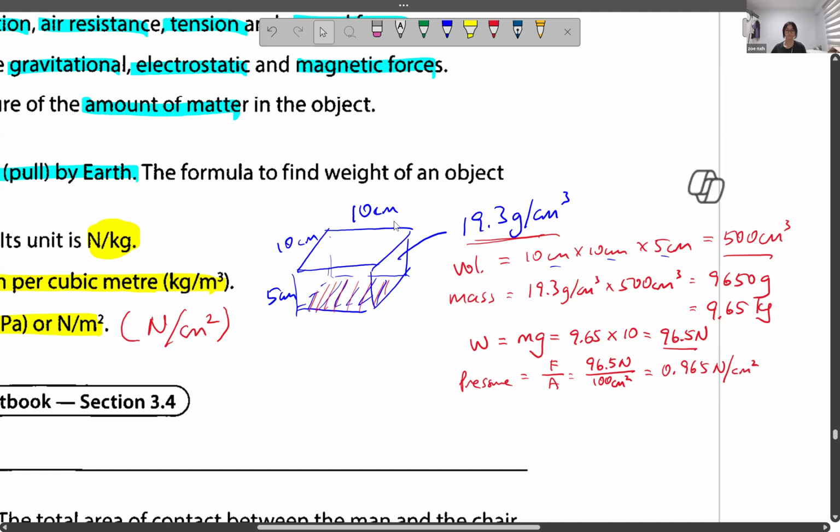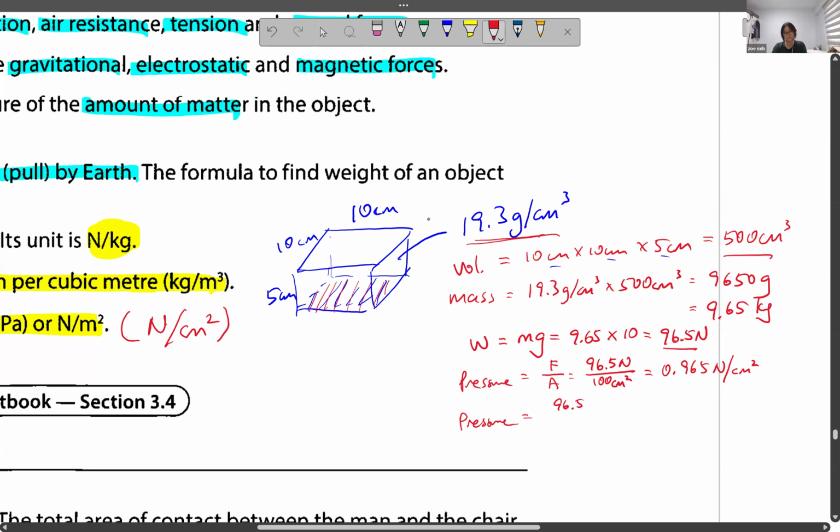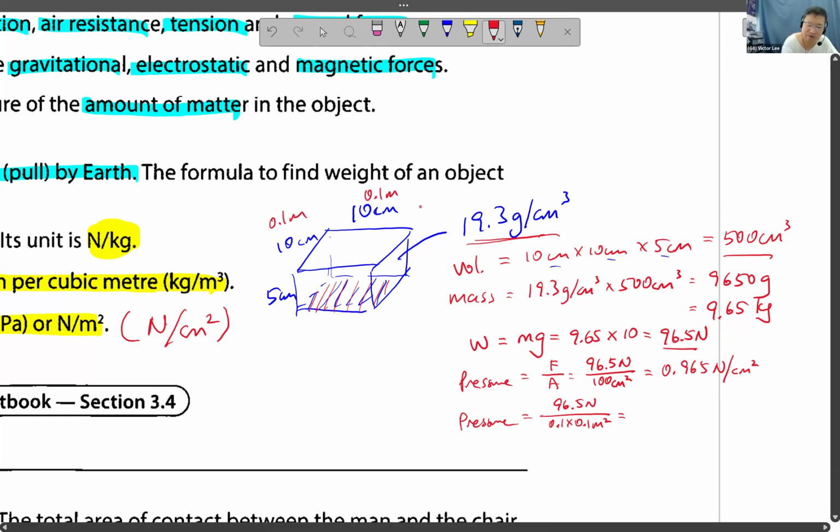So my pressure can be found as 96.5, no change, but I divide by 0.1 meter times 0.1 meter, right? So what's my answer?